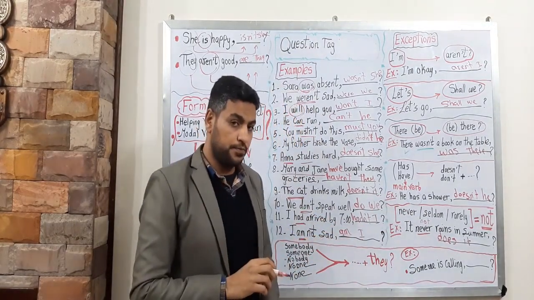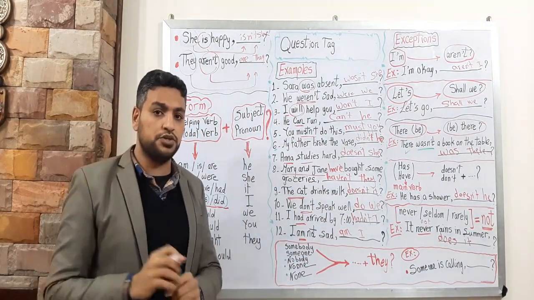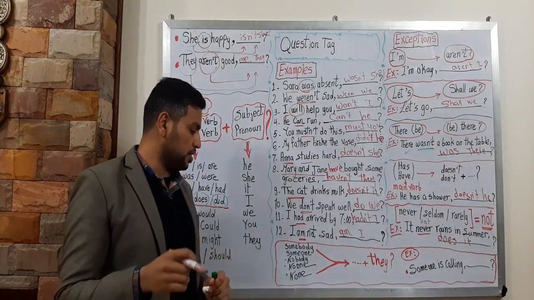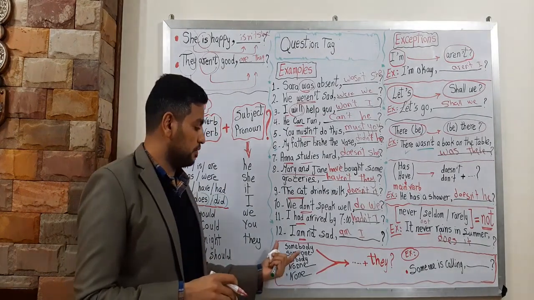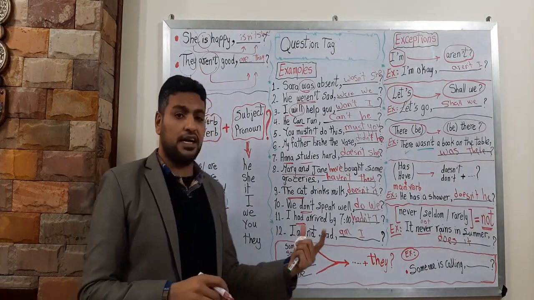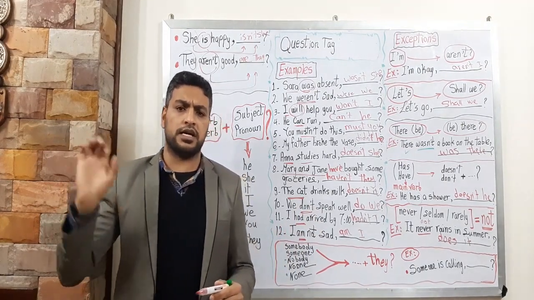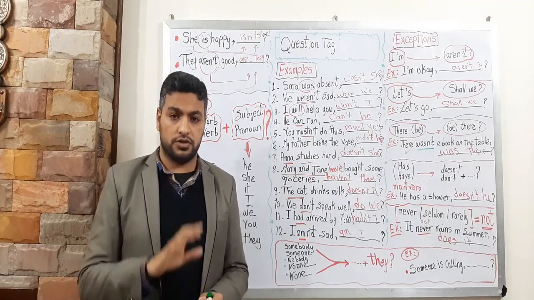And the last one, it's number 6. If the subject pronoun is somebody, someone, nobody, no one, none, everybody, we can deal with them as plural. How? If I said someone is knocking at the door, do you know if I'm talking about he or she? You don't know, right?